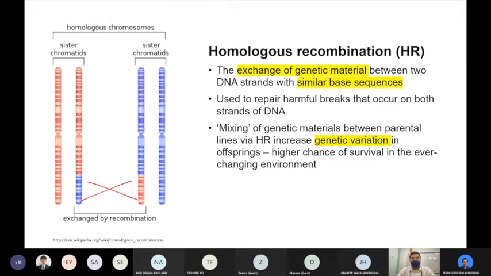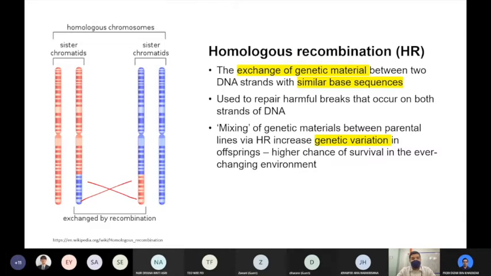It is very important because one could argue that this is possibly what makes each of us unique. The exchange of genetic material creates the variation in the offspring, and also increases the chance of survival in a changing environment.